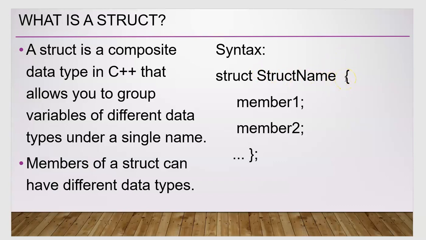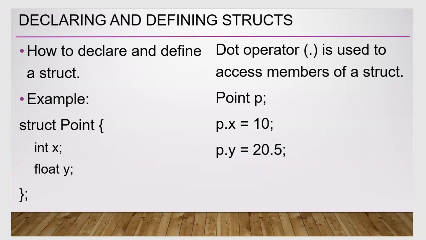We're not passing any variables into this. It's just calling it. And then you do use curly braces to signify the start of the scope of the struct. You list out the members of the struct, and then you have the closed curly braces, and you end with a semicolon.